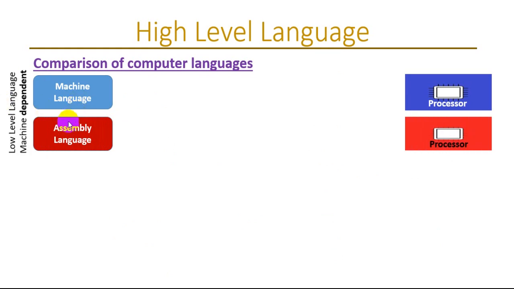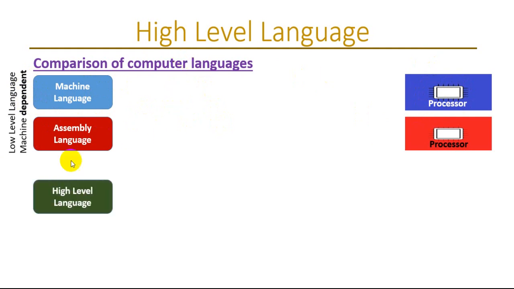These two, machine language and assembly language, are called low-level languages, and they are machine dependent. Whatever instruction is given has to go directly to the processor that understands it, so they are machine dependent. Whatever you give from here, the machine has to understand.